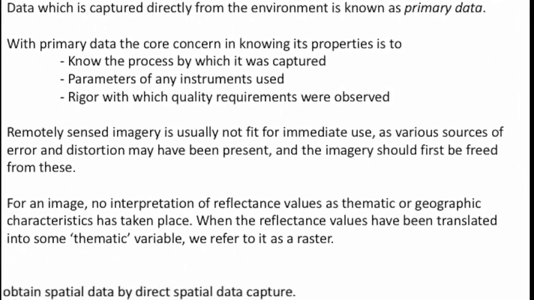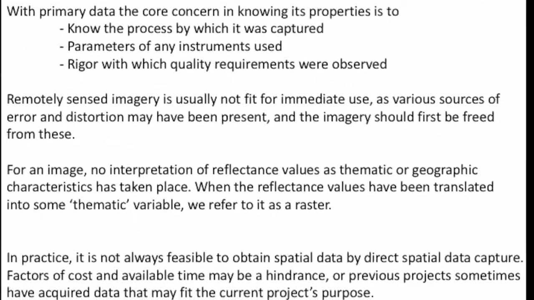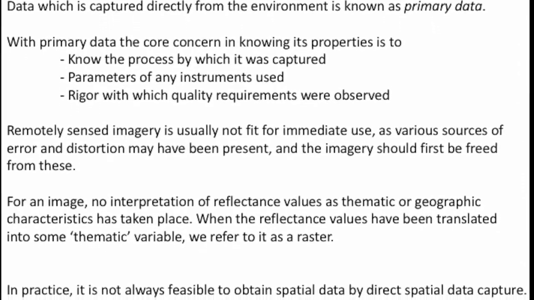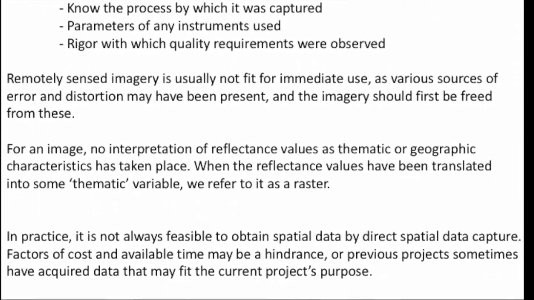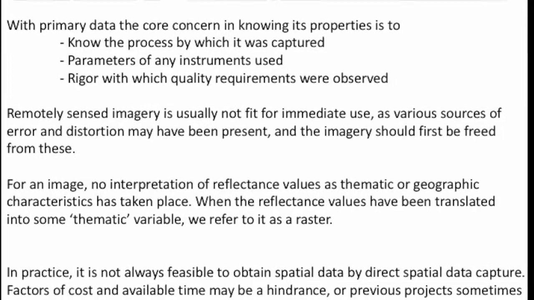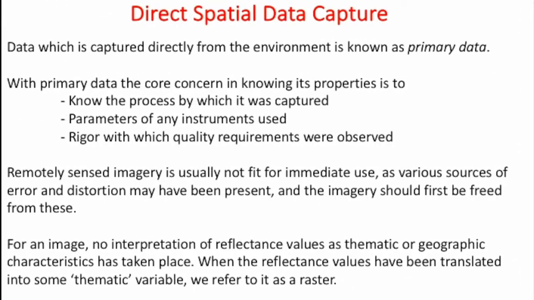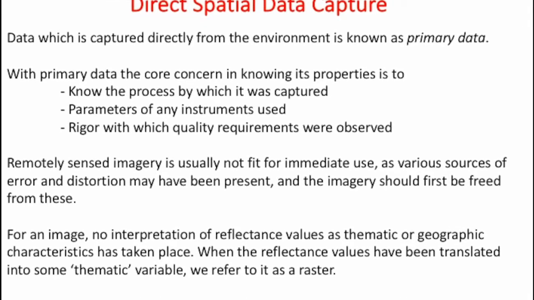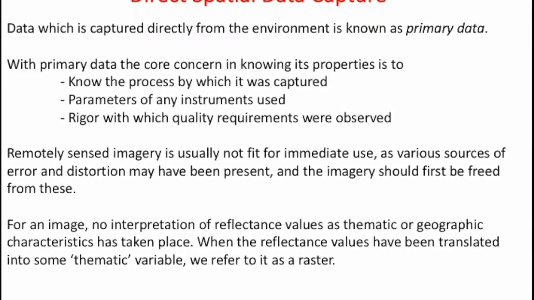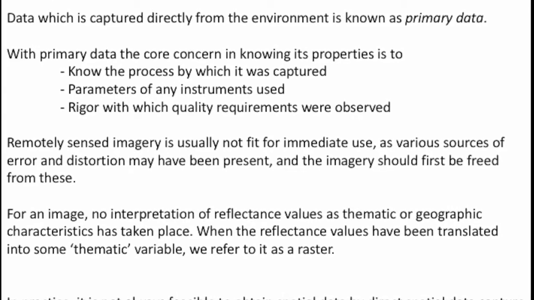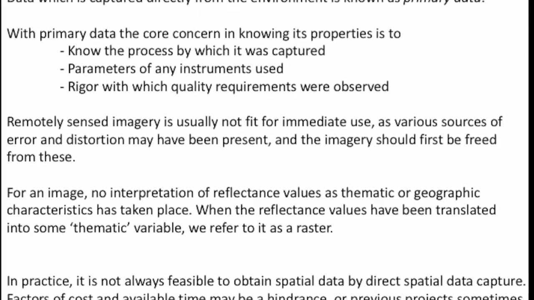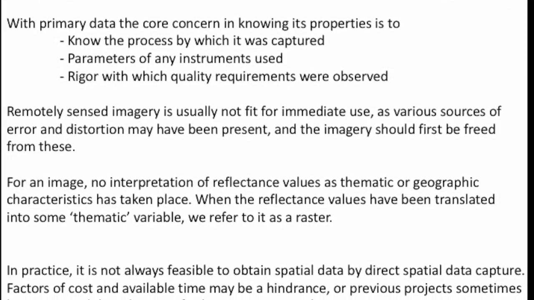In practice, it is not always feasible or possible to obtain spatial data by direct or field observation. This might be affected by different factors such as cost and availability of time. So we can use previous data which can also fit this project.